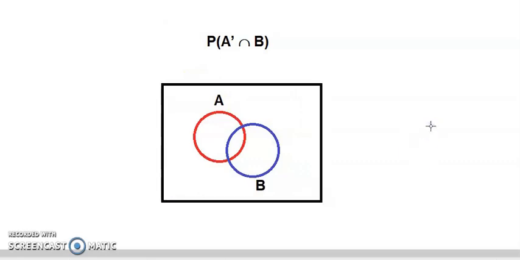Okay, now where is the area A prime intersect B? Intersect means the area that overlaps. Look at A prime.